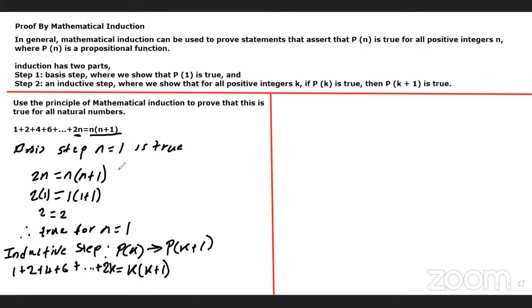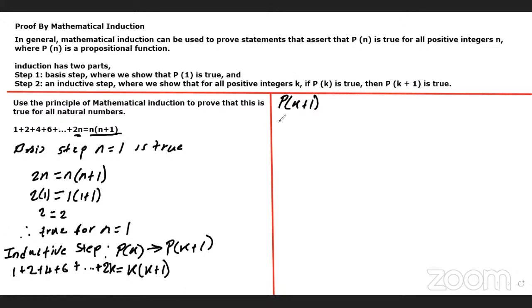Good. Now we are going to show that P of k plus 1 is true. P of k plus 1 is going to be the next number in the series. So far, 1 plus 2 plus 4 plus 6 plus 2k, that's P of k. We're going to show that P of k plus 1 holds.